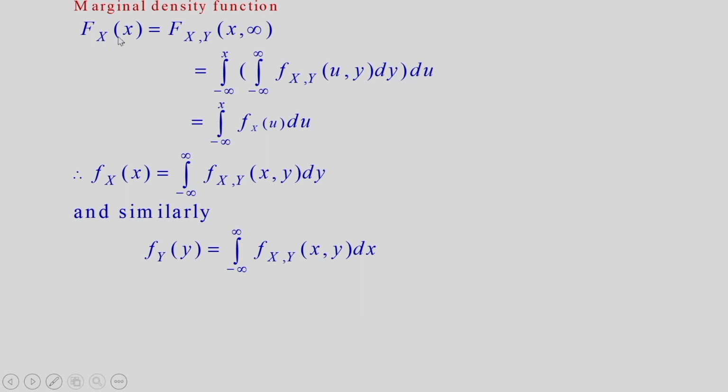For example, F_X(x), that is the CDF of X, we showed is equal to the joint CDF of (x, y) at point (x, infinity), and if we write this in terms of the PDF, it is equal to the joint CDF of (x, y) at (x, infinity), which is the double integral from minus infinity to x and, for y, minus infinity to infinity of f_XY, that is the PDF at point (u, y), dy du.